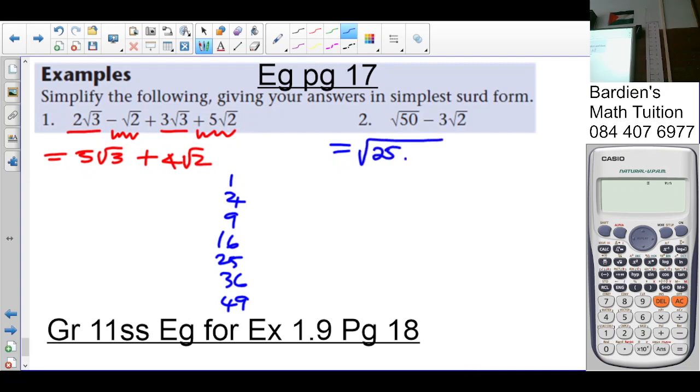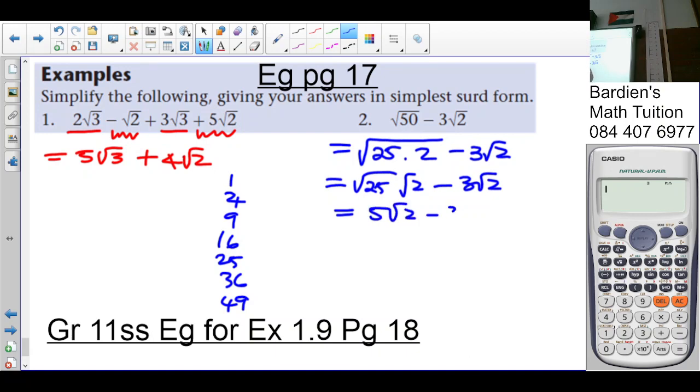So it's the square root of 25 times the square root of 2 minus 3 root 2. The square root of 25 is 5, so 5 root 2 minus 3 root 2. What do we notice? Again, we have like roots there. So 5 root 2 minus 3 root 2 is going to give us 2 root 2.